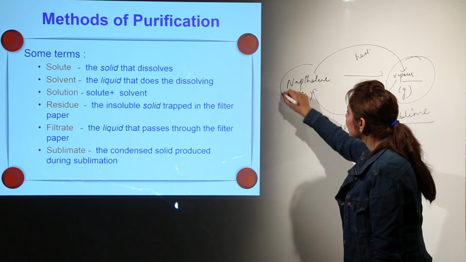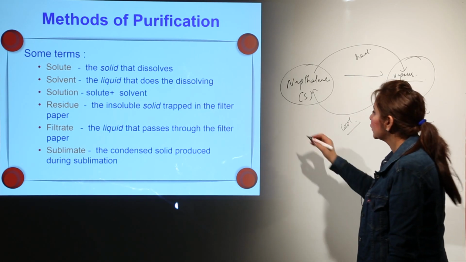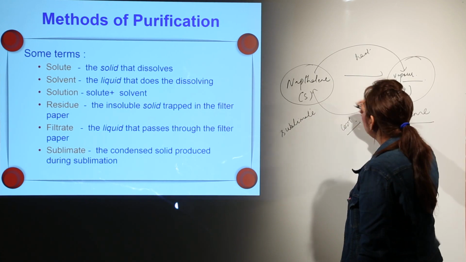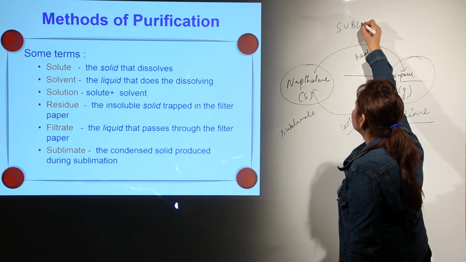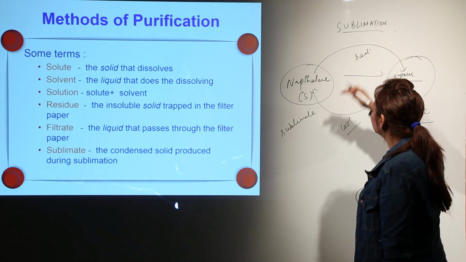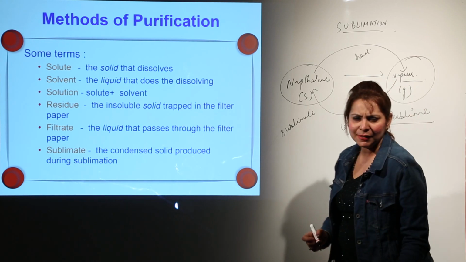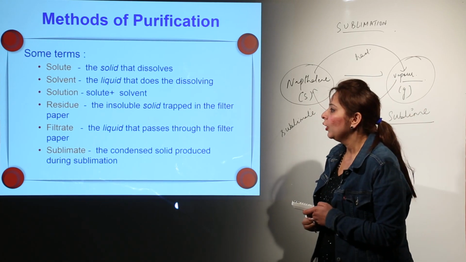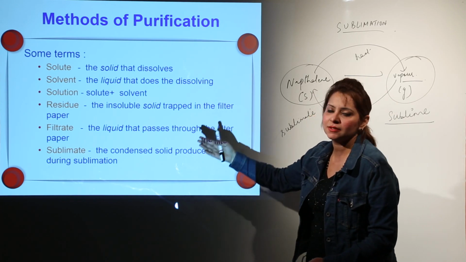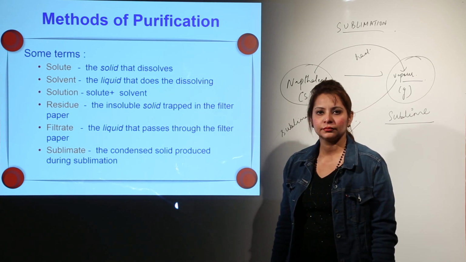So this solid form, which is obtained by condensing the vapors, is called the sublimate, and the whole process is called sublimation, right? So sublimation consists of two components, the sublime and the sublimate. This is how we are going to use these terms in the next purification topic that we'll be taking up.